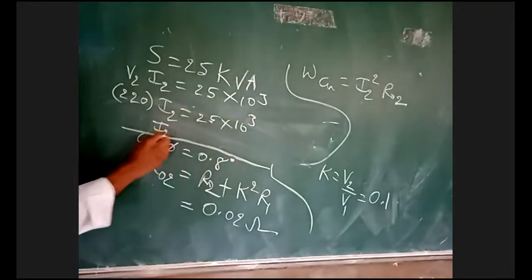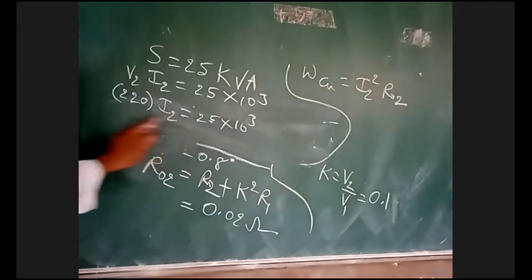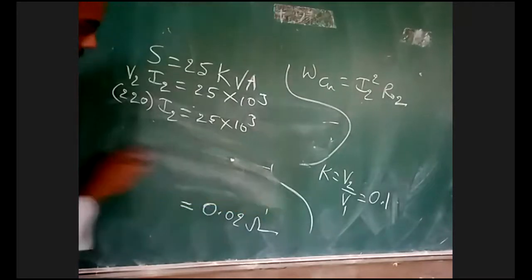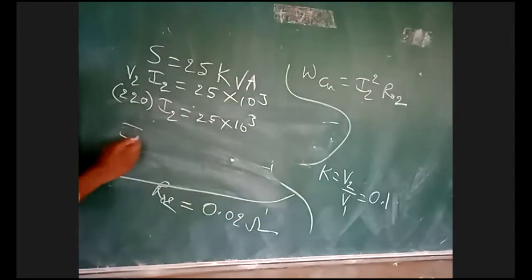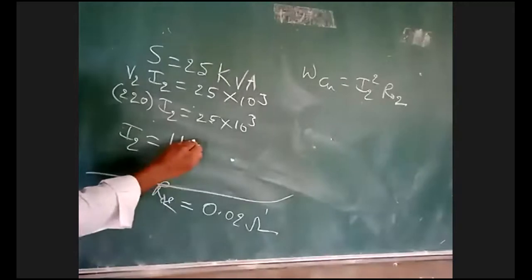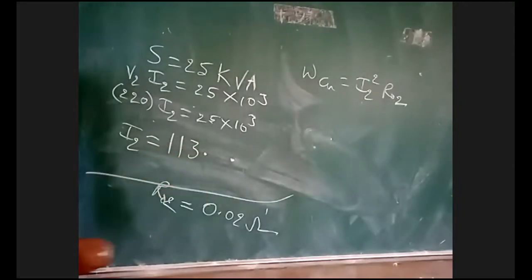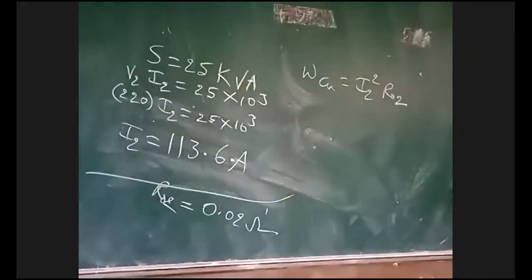From this calculate I2. I2 is 113.6 ampere.